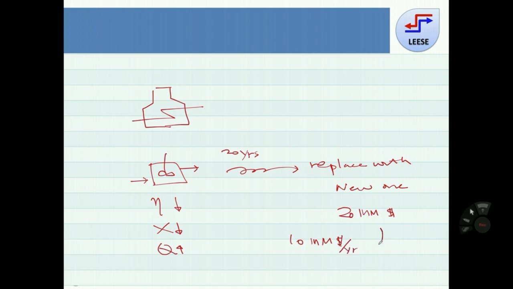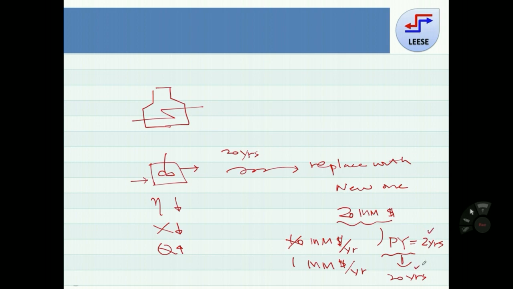If I'm getting a profit through this replacement of, say, $10 million per year, the payback period is 2 years. After 2 years, I can recover the 20 million. That is the meaning of payback. If I have only a $1 million benefit by investing $20 million, then my payback period is 20 years. So 2 years is better than 20 years.